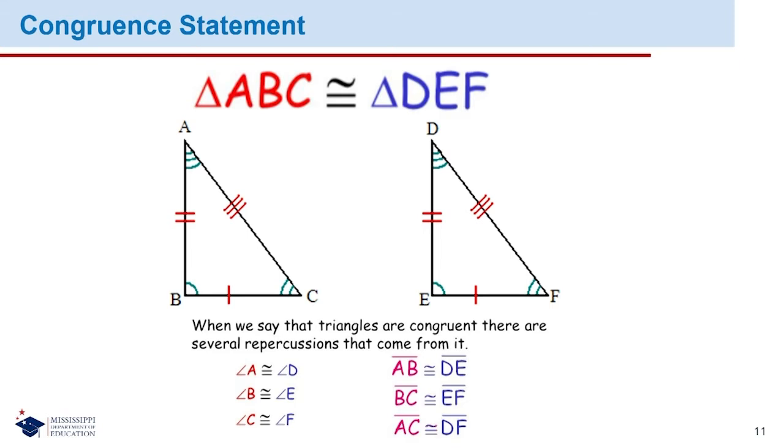Line segment AB, because they're side by side, is the same or congruent to line segment DE. Line segment BC is the same as line segment EF. They're congruent. And line segment AC is the same or congruent to line segment DF.